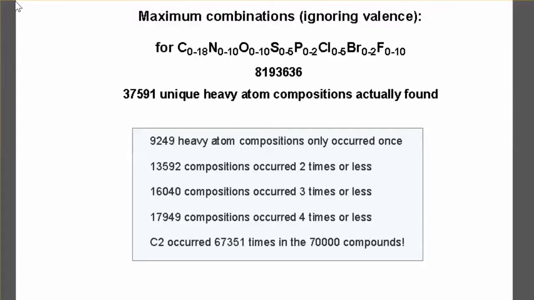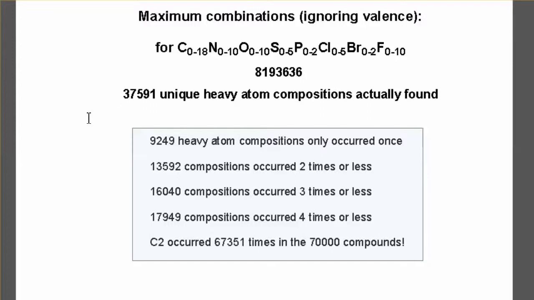Now if you look at all the combinations of these 8 elements, because hydrogen is not included here, there are over 8 million combinations. But this is of course ignoring the fact that you'd have to have compositions that will connect to each other. But of the 8 million, only 37,591 compositions were actually found in these 70,000 compounds.